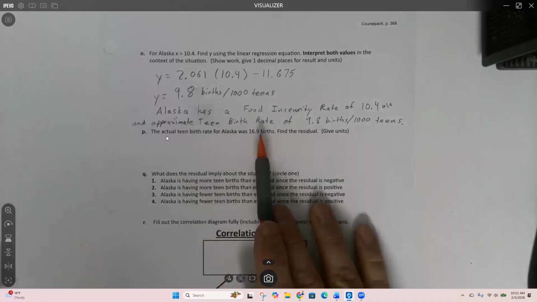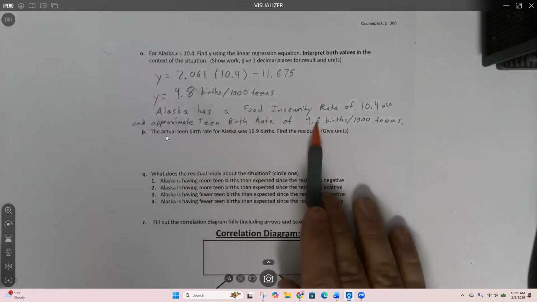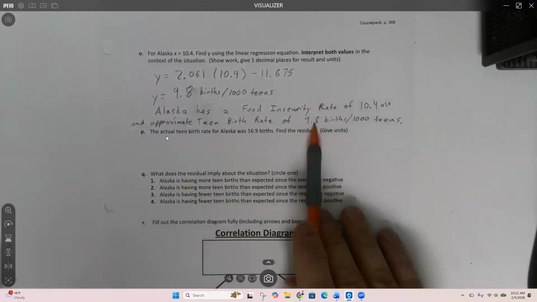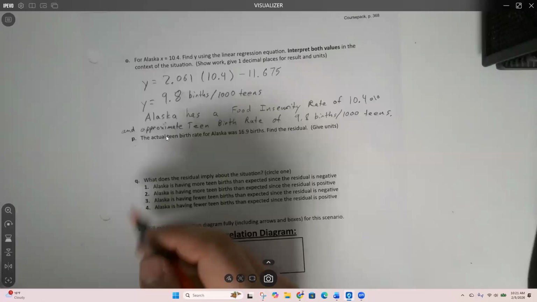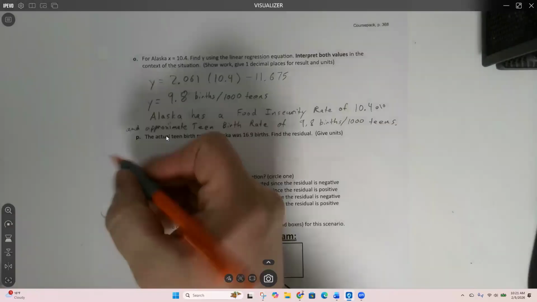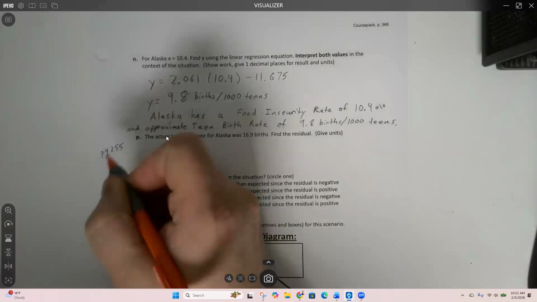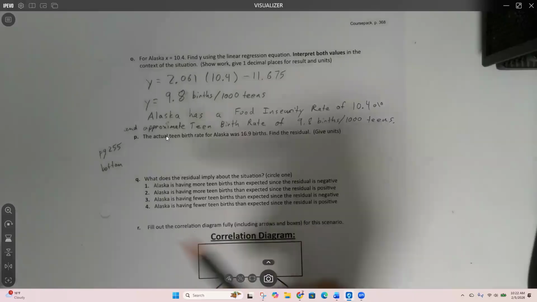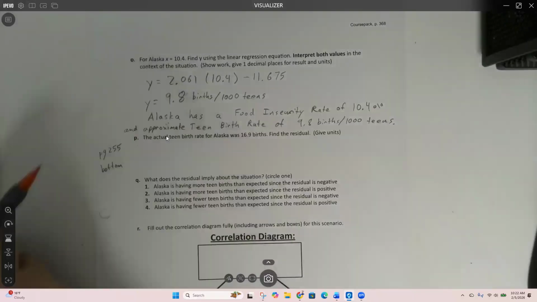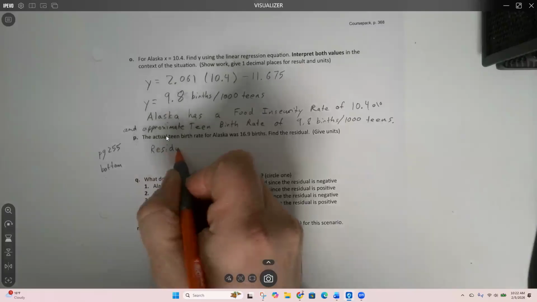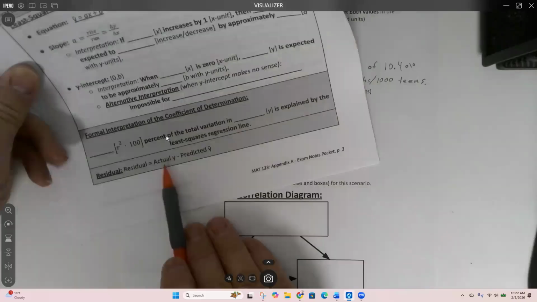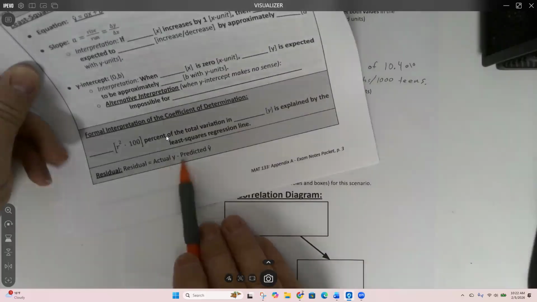Find the residual. So that means find how far off we were. We estimated that it was 9.8. That is the predicted Y. So there's a formula for this on page 255 at the bottom. The actual teen birth rate was 16.9. So the residual is the actual Y minus the predicted Y hat.